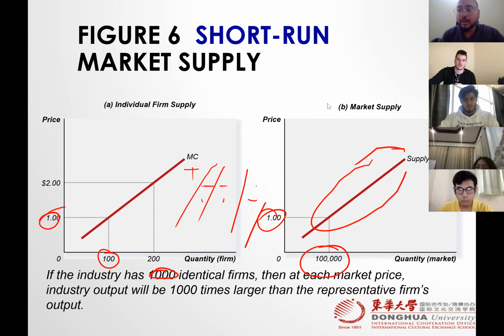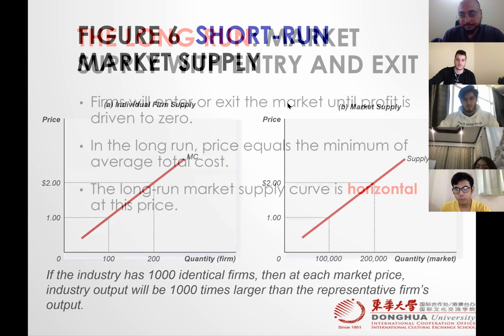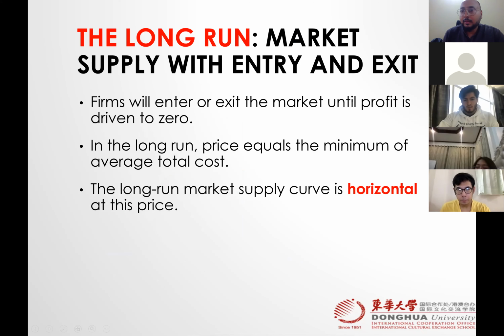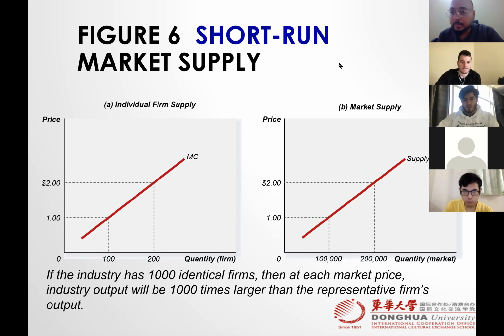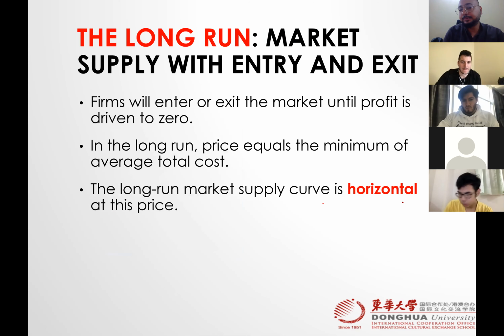So let's talk about the market analysis. This is basically the short-run market supply curve, right? The long-run market supply curve is horizontal. Why? Because there is free entry and free exit in the market.